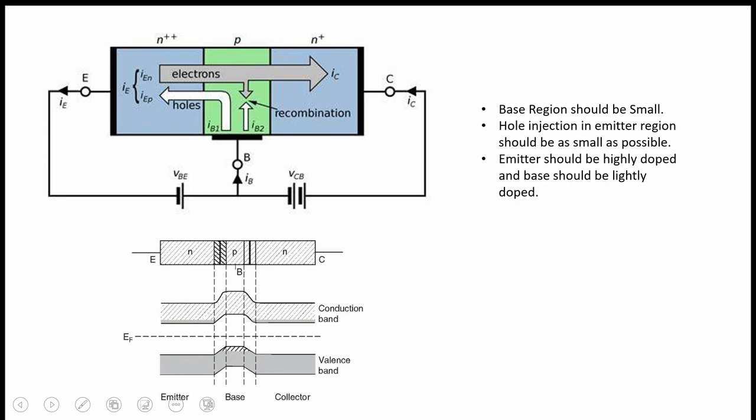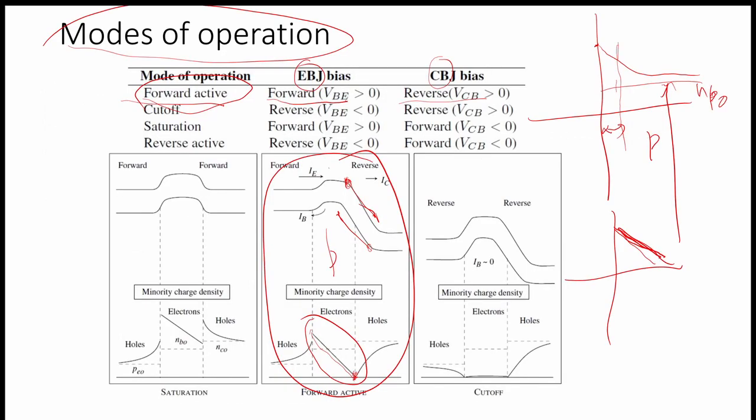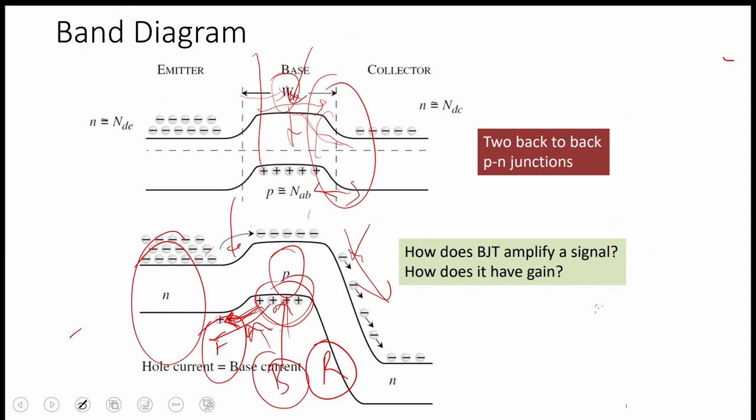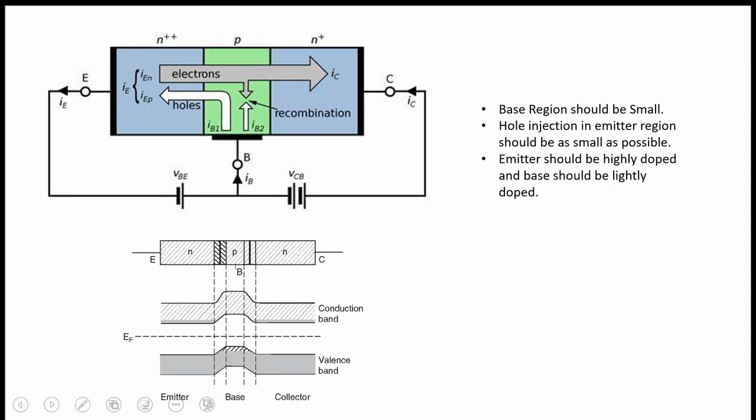Now there are several components of the current flowing through the BJT. There will be a current because of the electrons moving towards this junction. This is the electron current, IEN. There will be holes also. Holes are flowing from this point to this point, from the P region to the N region, because we have forward biased this.